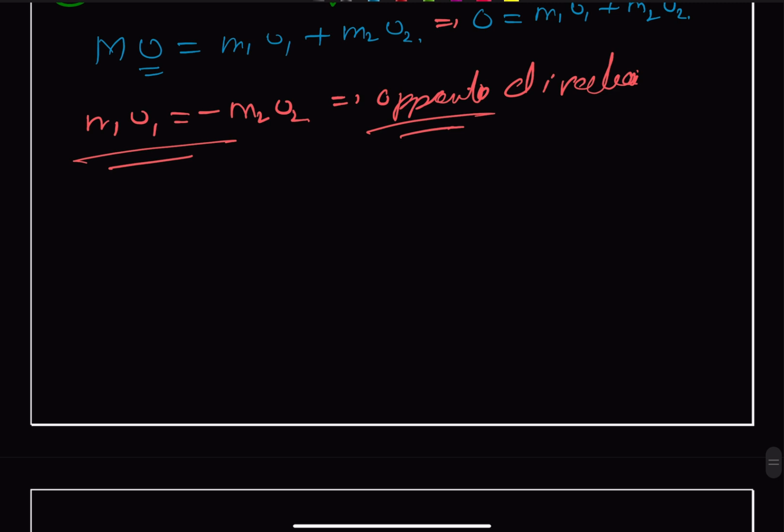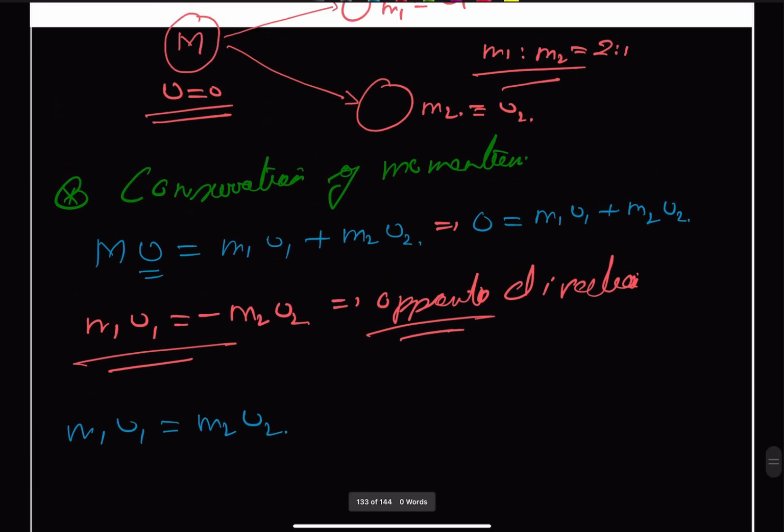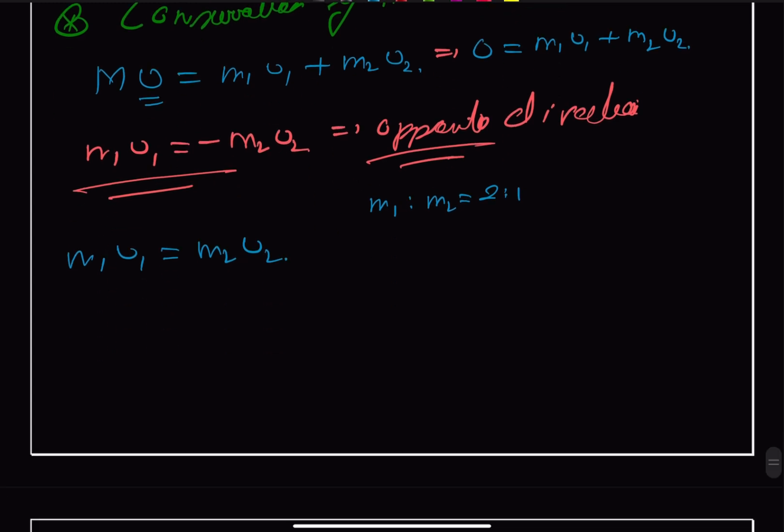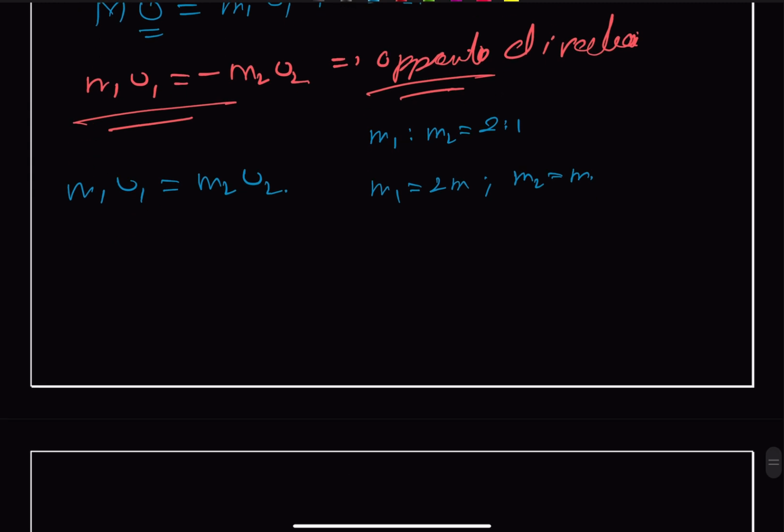In terms of magnitude, we can just write m1 v1 is equal to m2 v2, and we are given m1 to m2 is equal to 2:1. So let us say m1 is equal to twice m and m2 is equal to m. We simply substitute them: twice m times v1 is equal to m times v2.